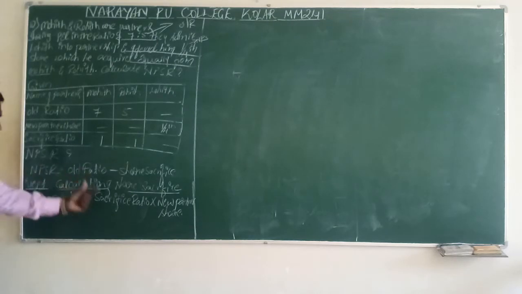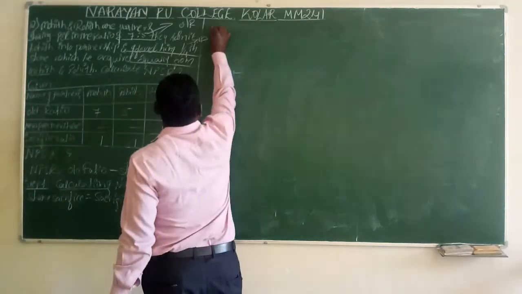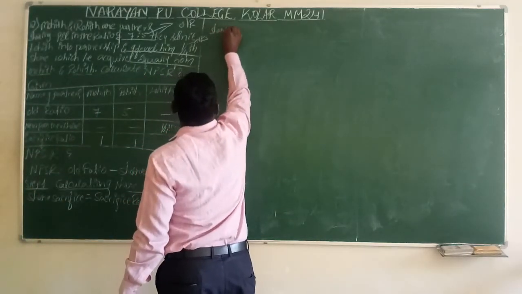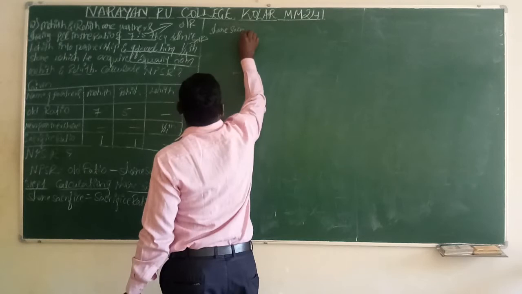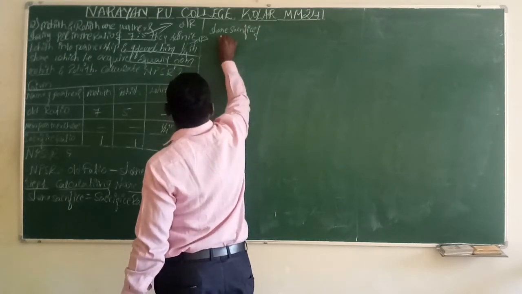With the help of this formula, we have to calculate the share sacrifice of the first partner, Mohit.